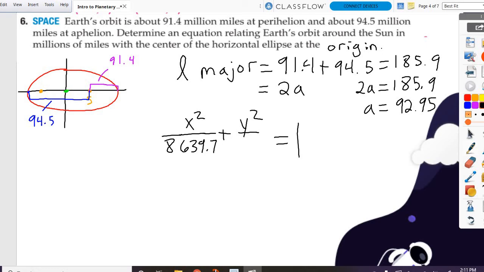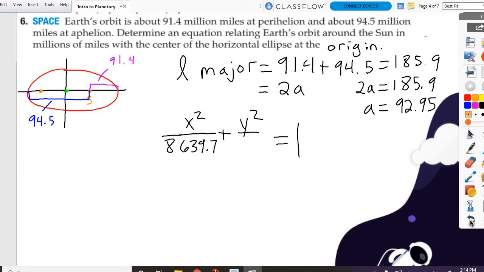The other thing that we need now is to be able to find our B value, which remember is the distance to our co-vertices, but we don't have a whole lot of information about going up and down. We really only have stuff going horizontal. But remember that we can find our C value, then we can use that equation that we know to find our B value. Now something to notice is that from my sun to the outer vertex is going to be 91.4.